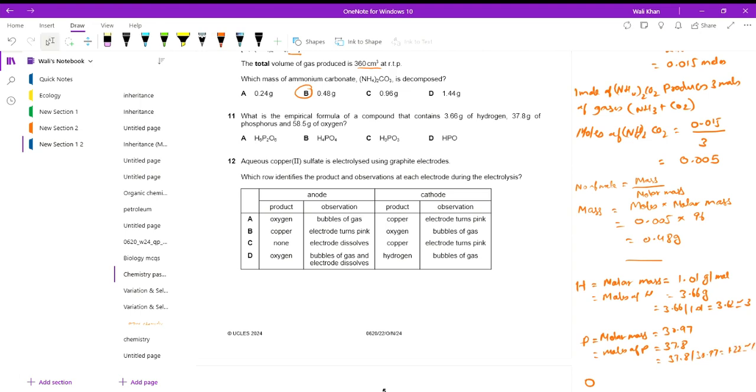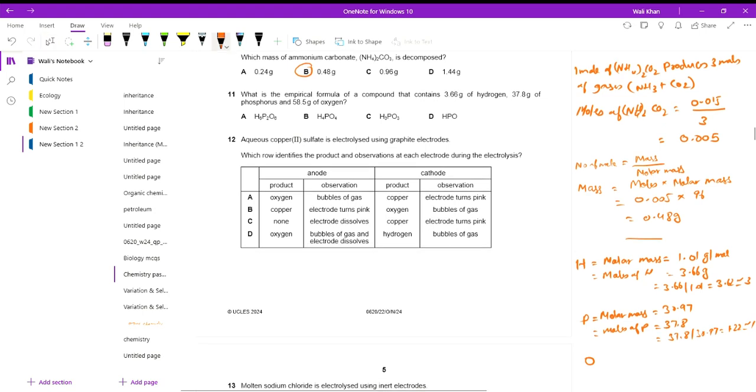For oxygen, molar mass is 16. Moles: 58.5 divided by 16 is equal to 3.66, approximately equal to 3.